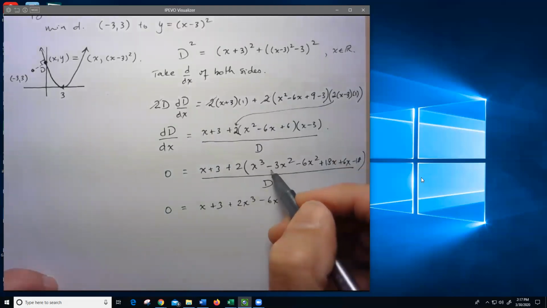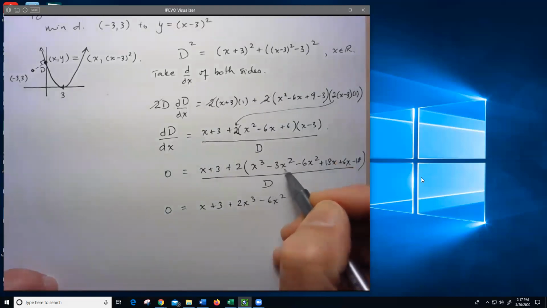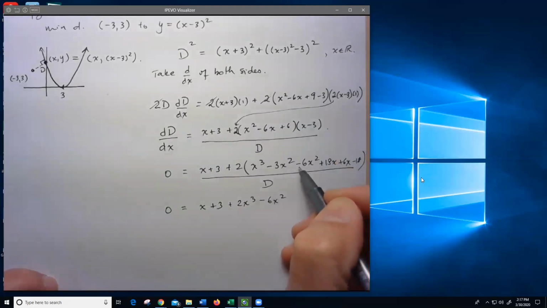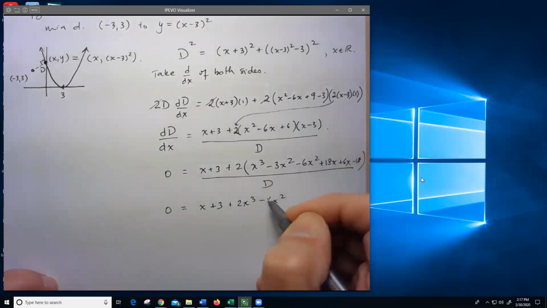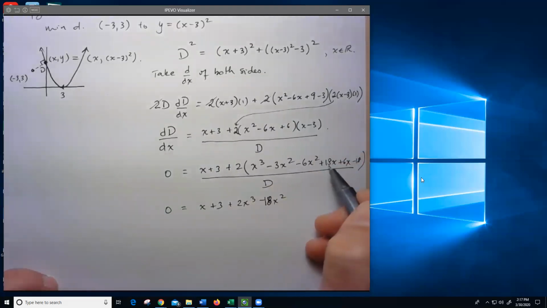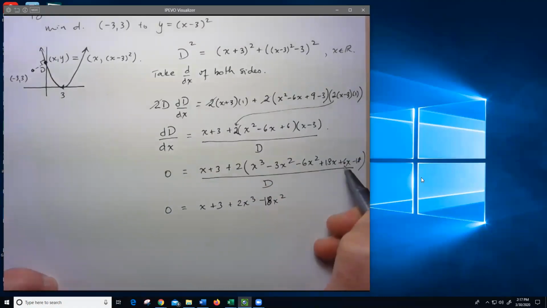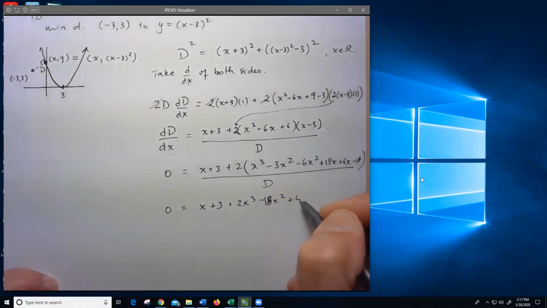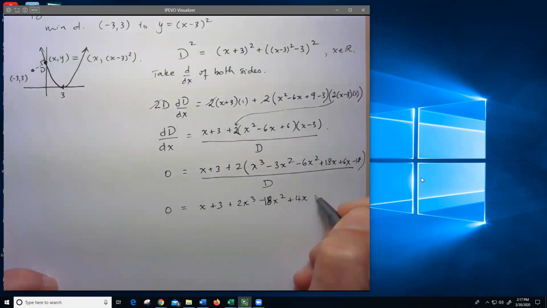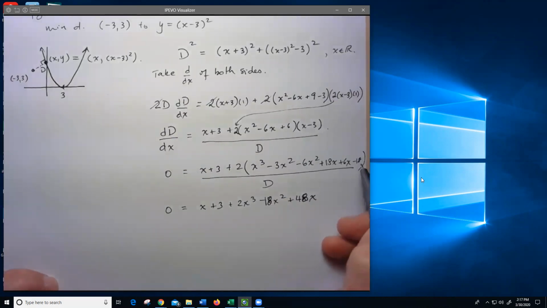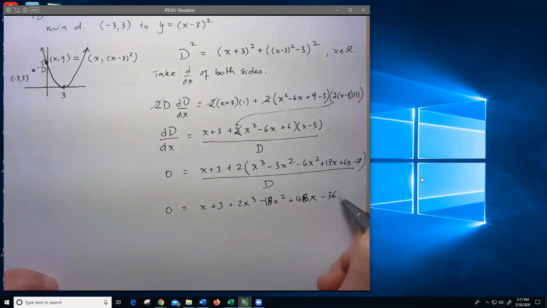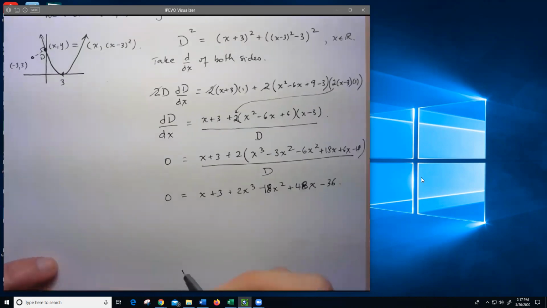Actually, here this would have been negative 3 minus 6 is negative 9, so this is just going to be times 2, minus 18x squared. This is 18 plus 6 is 24 times 2, 48x, and then here 18 times 2 is 36, minus 36. All right.